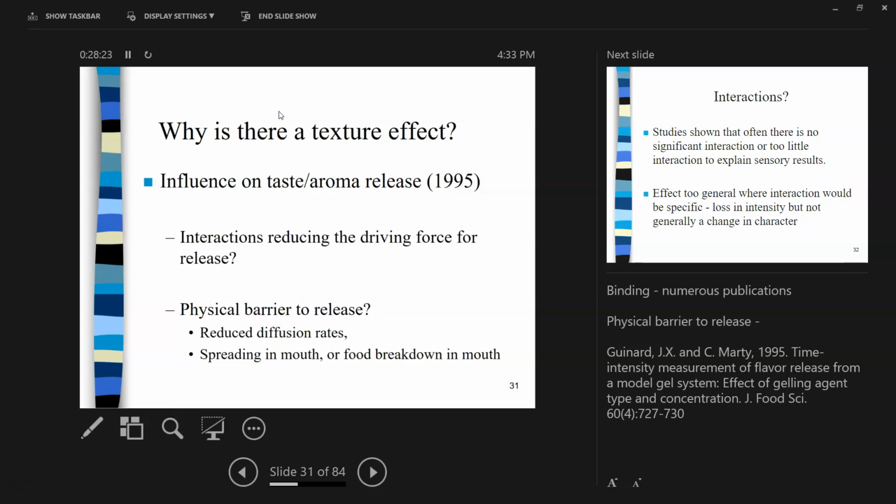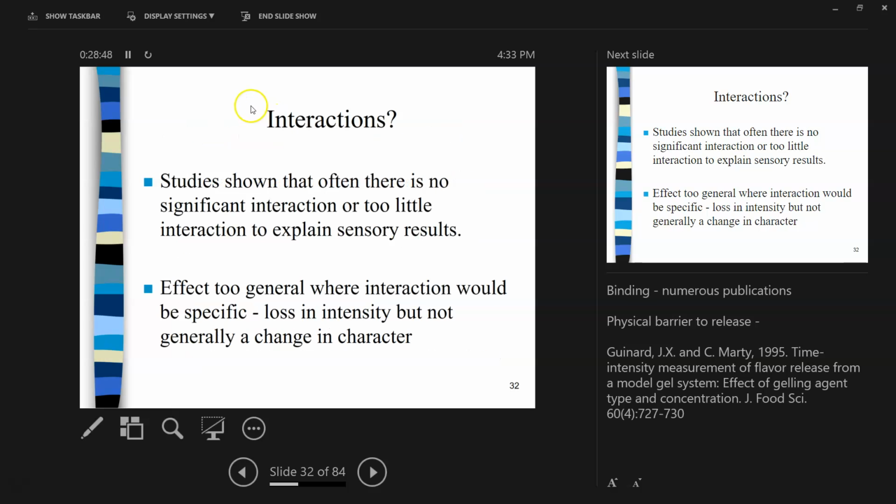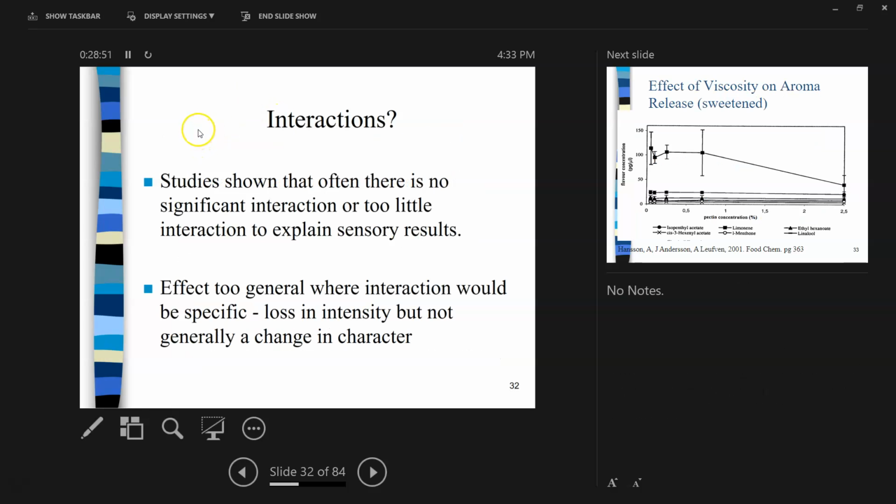There's not as much surface area for the flavor to be released into the oral cavity. There have been a lot of nice theories that as things get thicker, they just aren't released as much in the mouth, and therefore that's the effect. It's a physical effect, a barrier to release. And that actually stood for some time. In some cases it still exists, but I'll show you some examples where it doesn't.